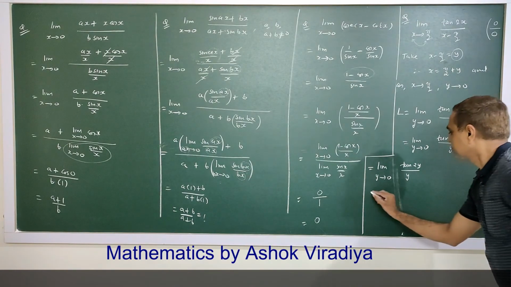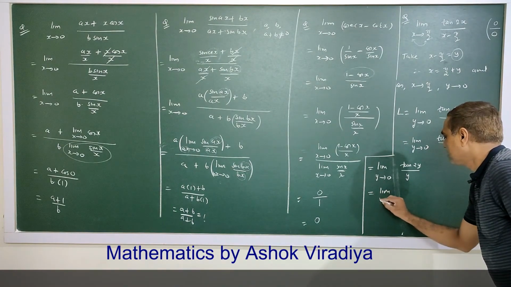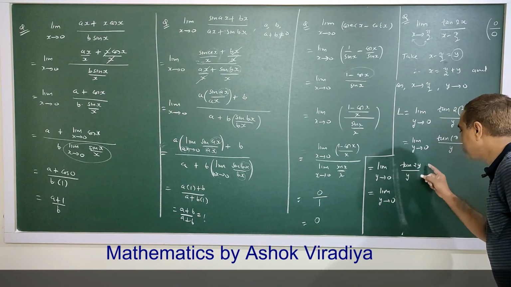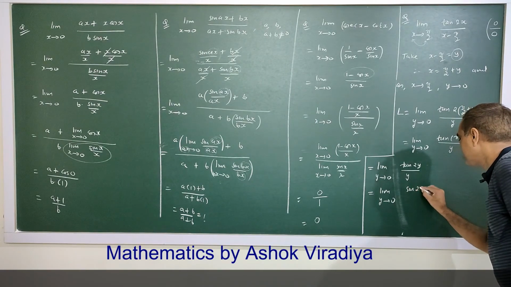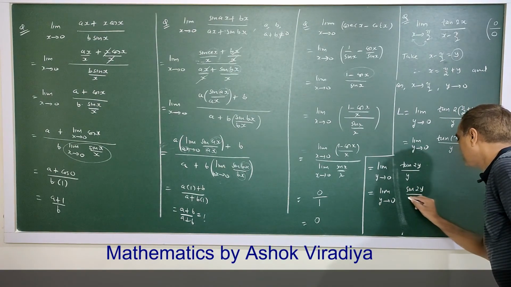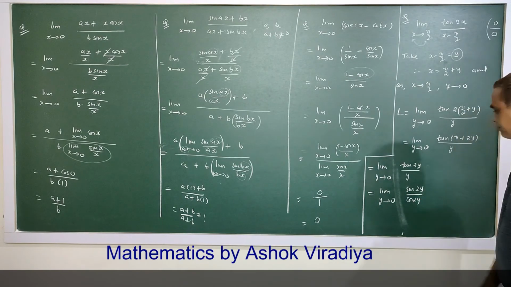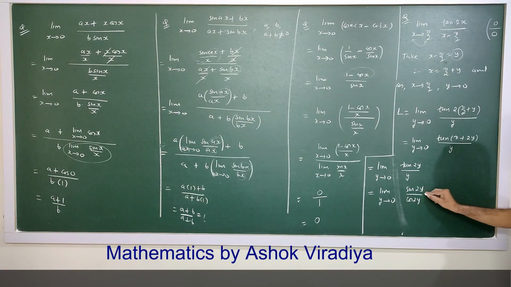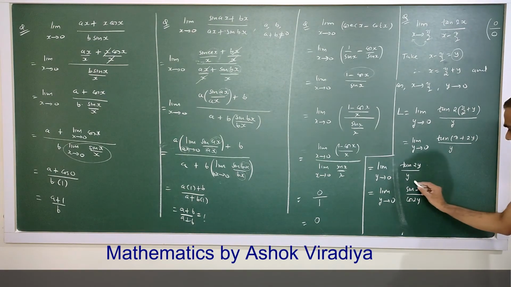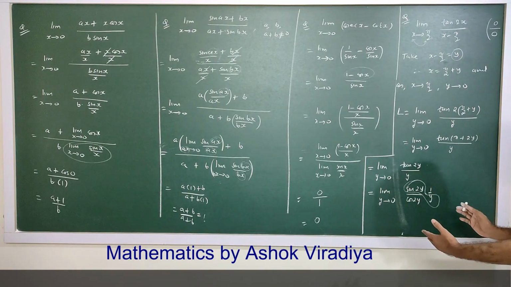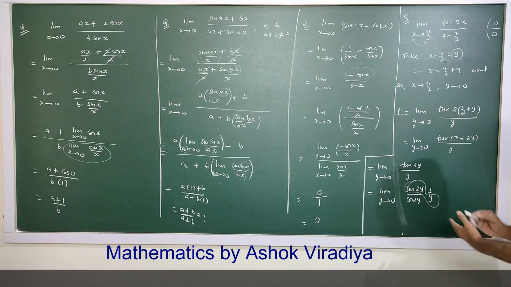Now here, limit y tends to 0, tan 2y can be expressed as sin 2y by cos 2y, and 1 upon y as it is. Now using these terms, we are arranging the standard form.